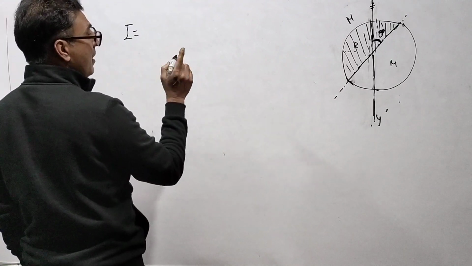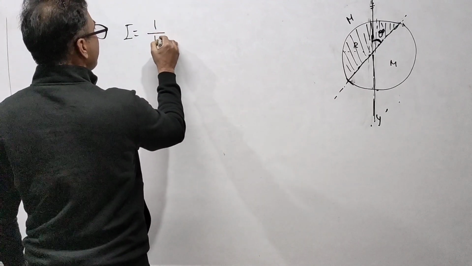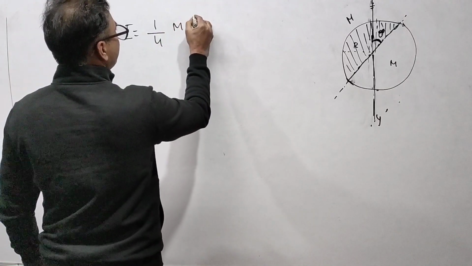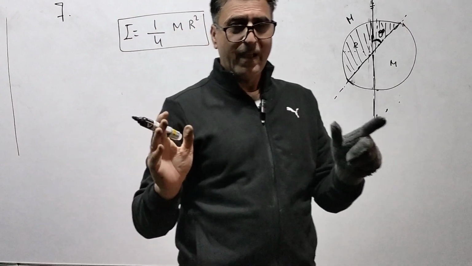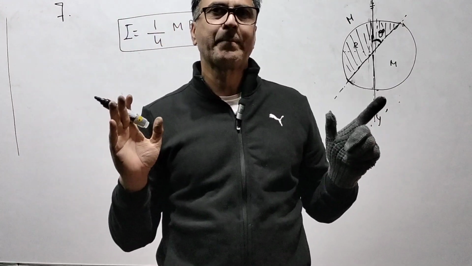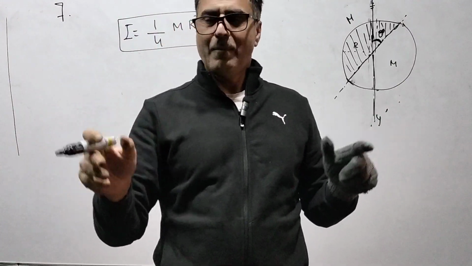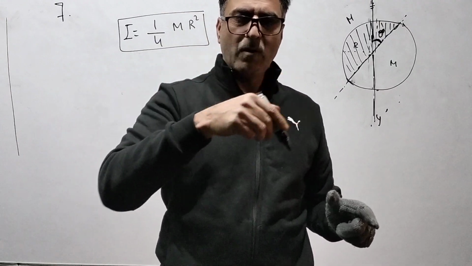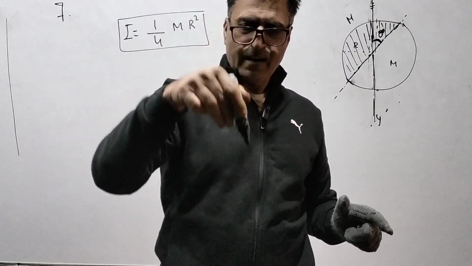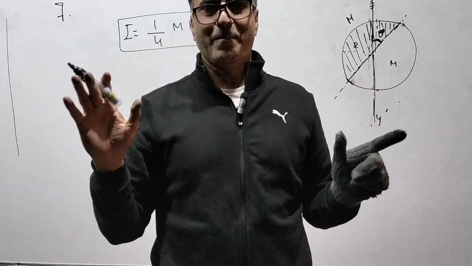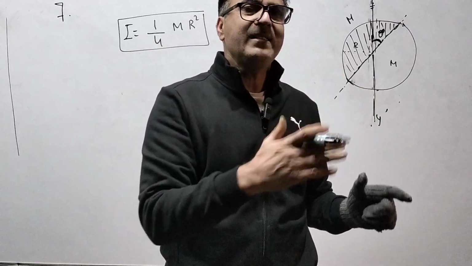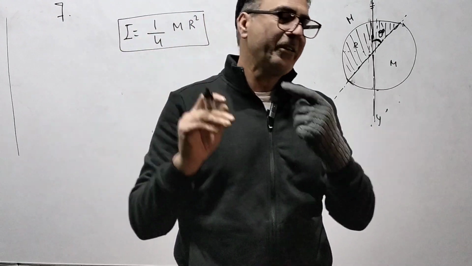About the diameter we know of a disk, that is 1/4 mr square. It is the base formula for a moment of inertia of a disk about the diameter axis. About the center of mass axis perpendicular to the plane of the disk it is 1/2 mr square. But about the diameter axis, it is 1/4 mr square, that I have already discussed.